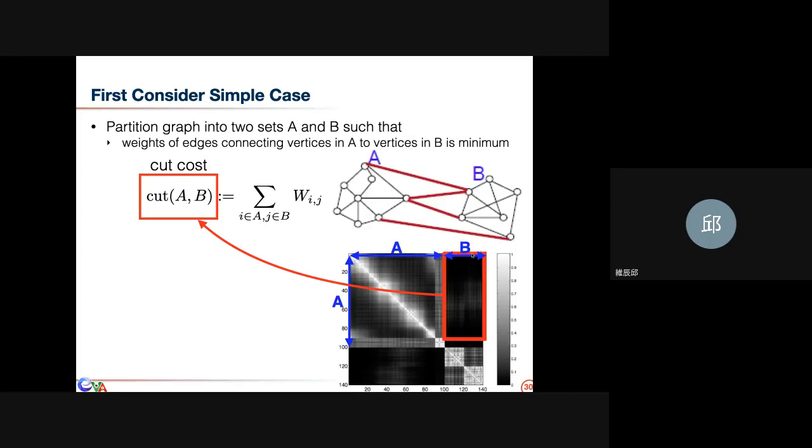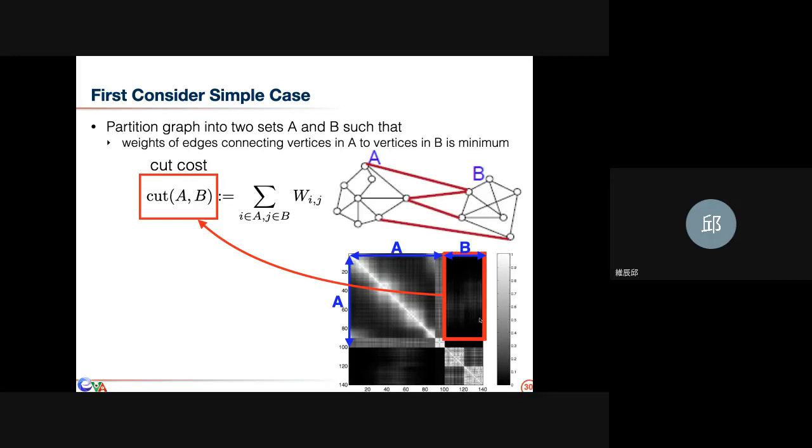Basically, if you reorder the data points according to whether they belong to the set A or the set B, then the cut cost between A and B would be the summation of all the elements in this area of the similarity matrix, right?